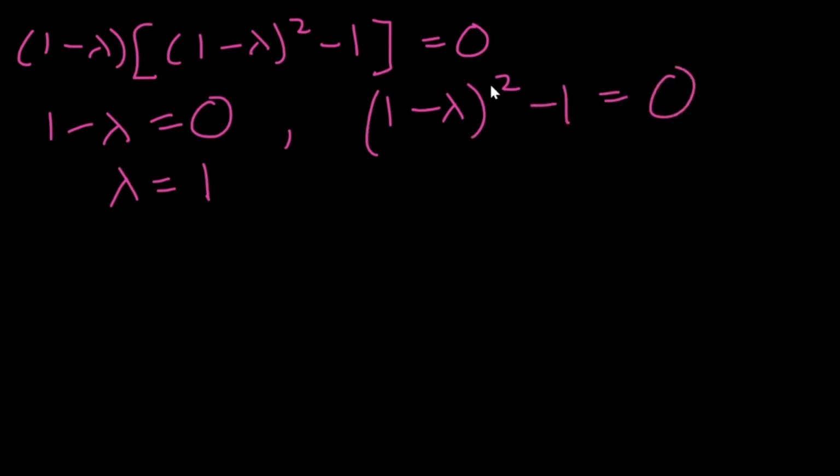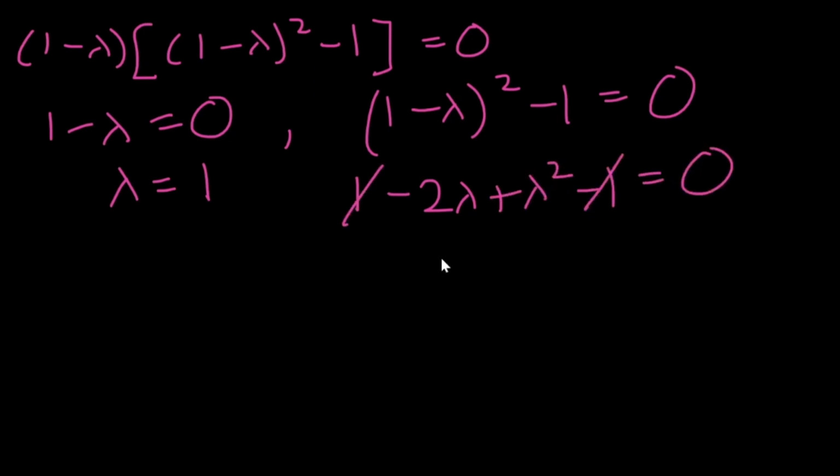So when I expand this, I would get 1 minus 2 lambda plus lambda squared minus 1 equals 0. 1 minus 1 is 0. So negative lambda times 2 minus lambda equals 0.